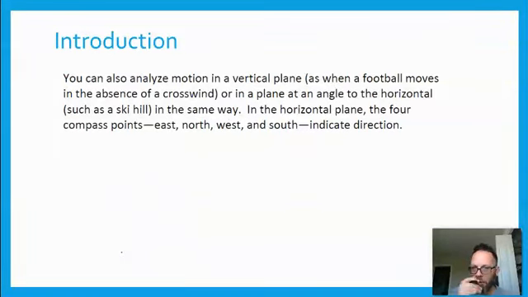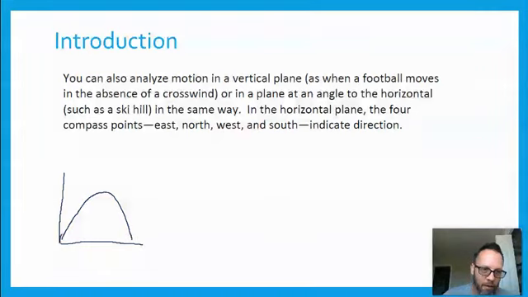We don't just have to use the compass rose, northeast, southwest. We can analyze motion in a vertical plane, and the next 2 lessons we have are on projectile motion. So maybe somebody kicking a football flies through the air.